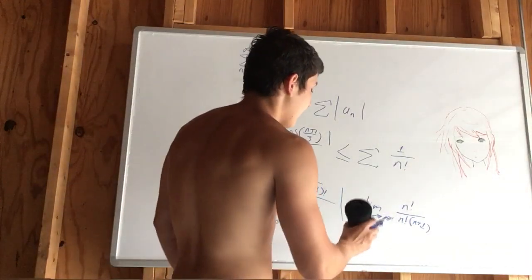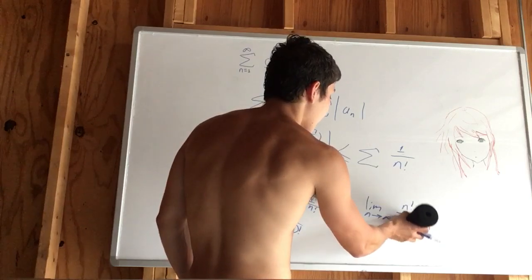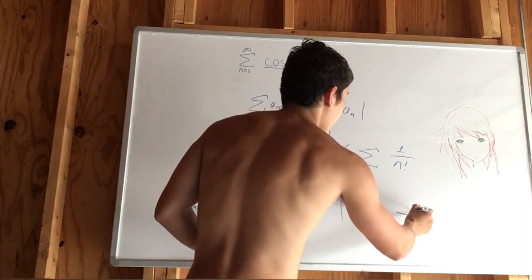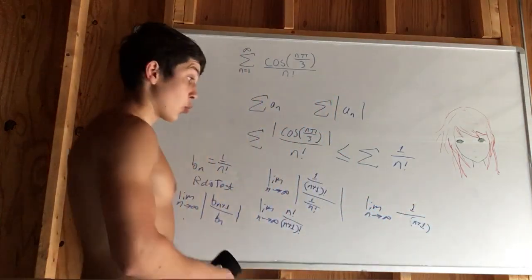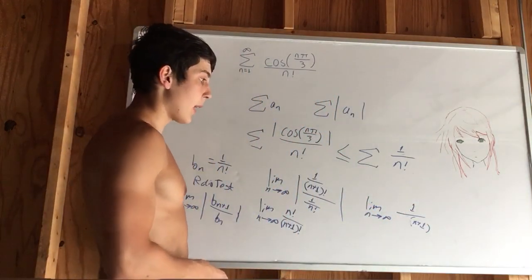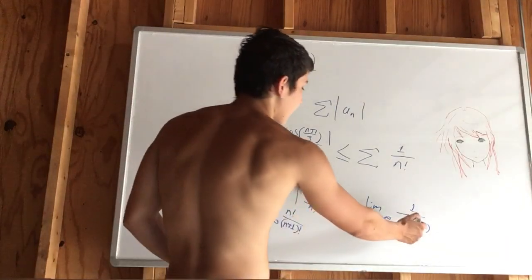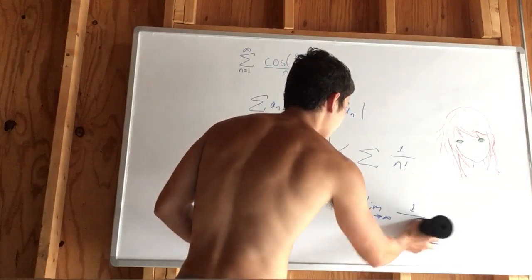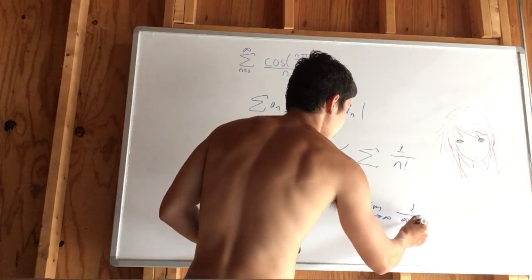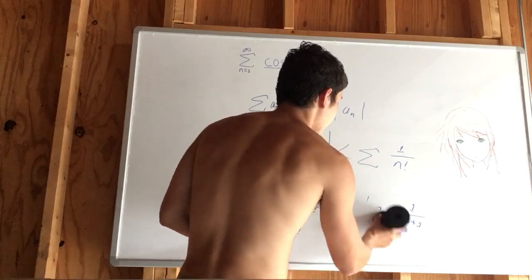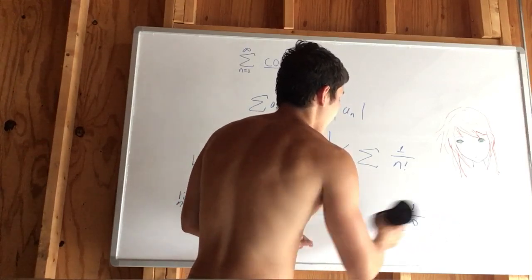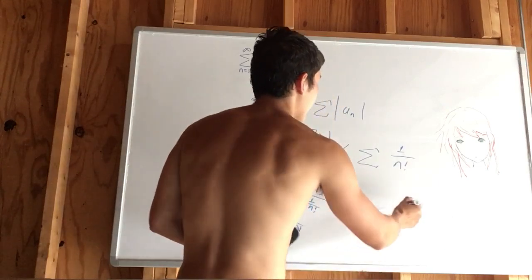Okay, so now we take the limit as n approaches infinity of that. We cancel this out because those cancel. We have 1 over n plus 1, and now we can plug in infinity into that denominator, just as it is, and we would get infinity plus 1, which is just infinity in the denominator, which is 0. 1 over infinity is 0.